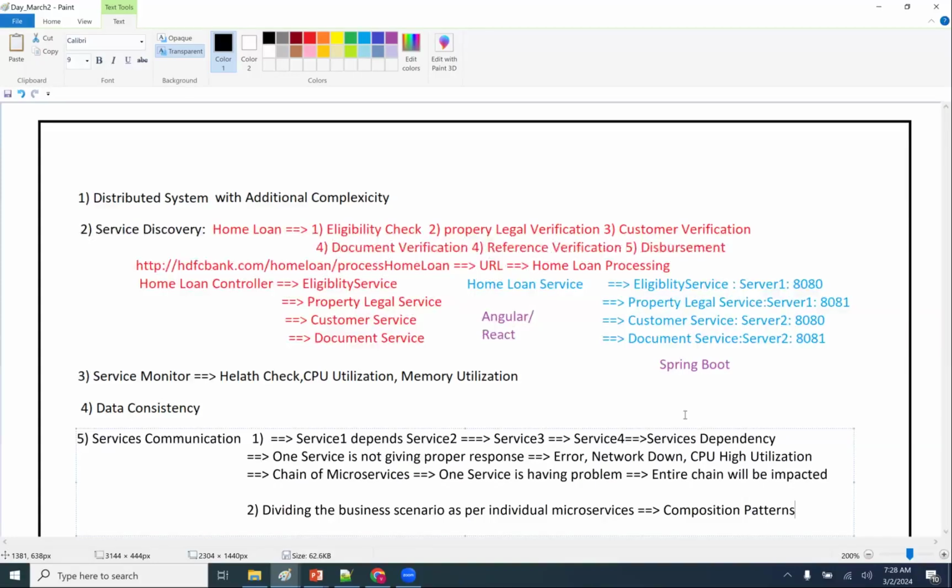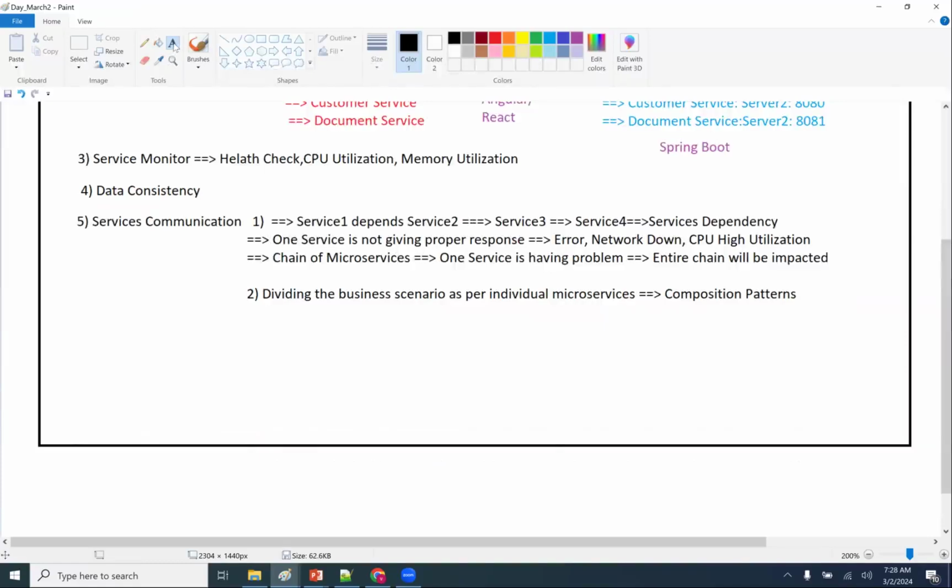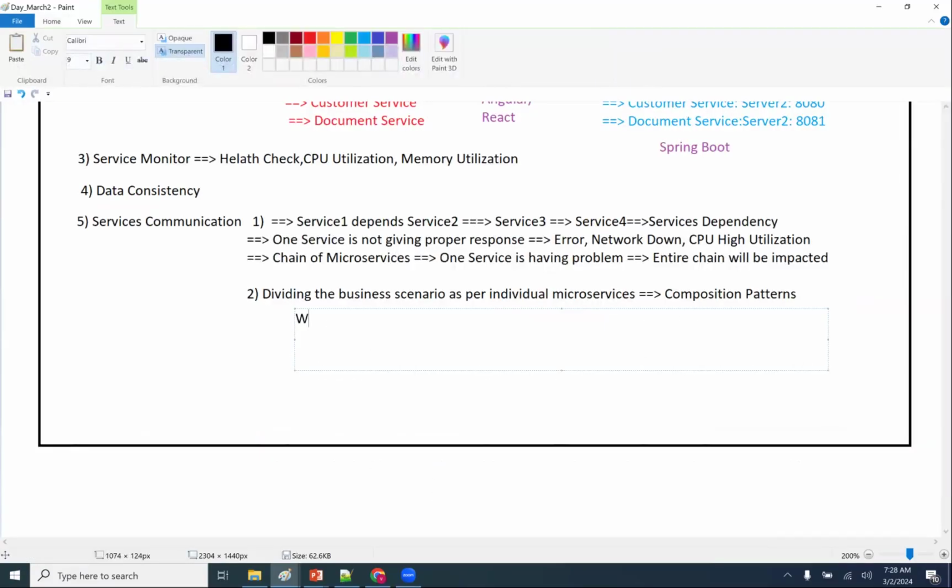So what I need to do here is categorize these 1,000 services. For example, if you take the same banking application, I have a withdraw service and a deposit service.